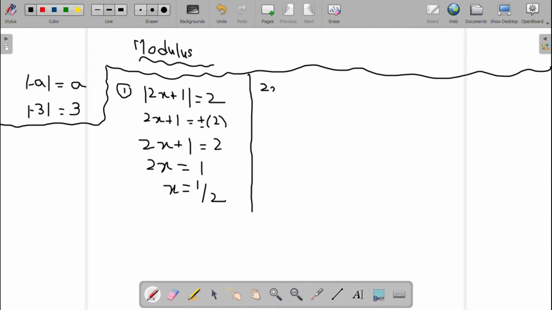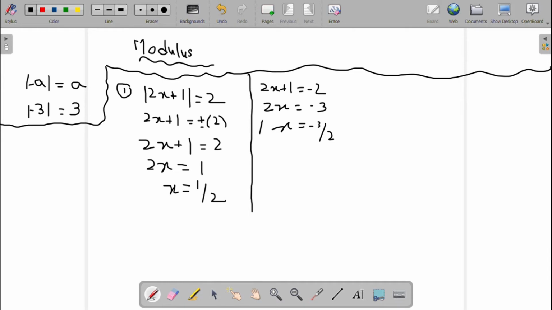So it will become 2x plus 1 equals negative 2, and 2x equals minus 2 minus 1, which becomes minus 3. So x equals negative 3 by 2.